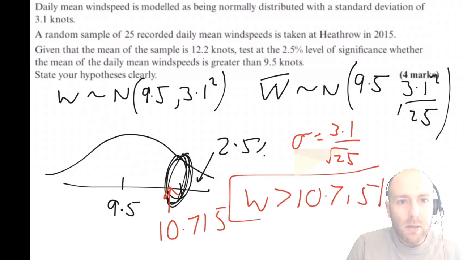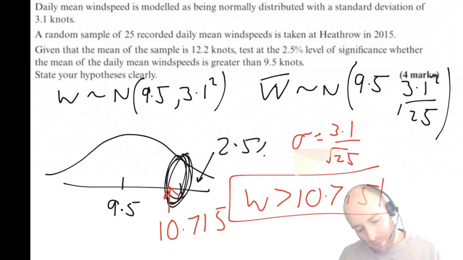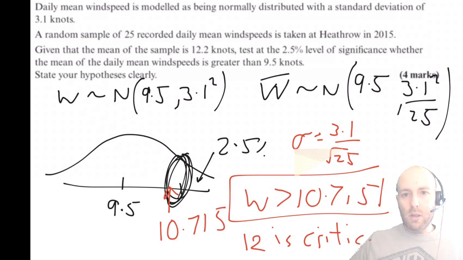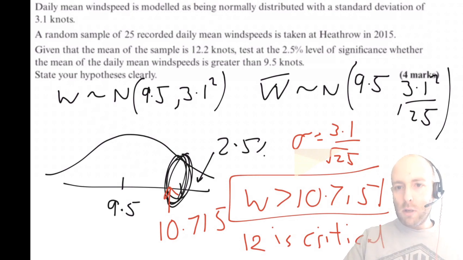What's our value? We're trying to test 12.2. So 12.2 is critical. What have I forgotten to do though? If you guys could comment. I don't think I'm too far behind with lag today.